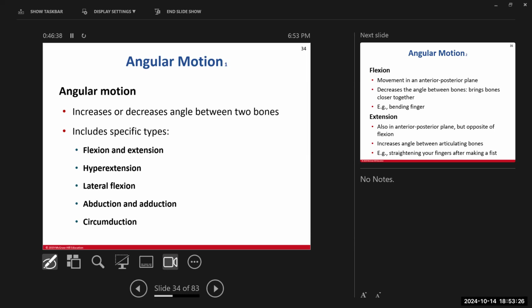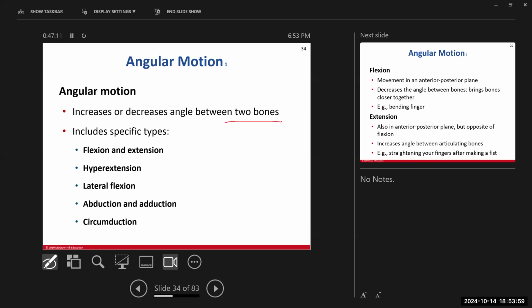An example of flexion: when I flex my elbow, when I bend my elbow, I am making the angle, this measurement area right here between your forearm and your arm, smaller and smaller. That's what flexion does. That's the angle between the bones, and it's either going to increase or decrease.